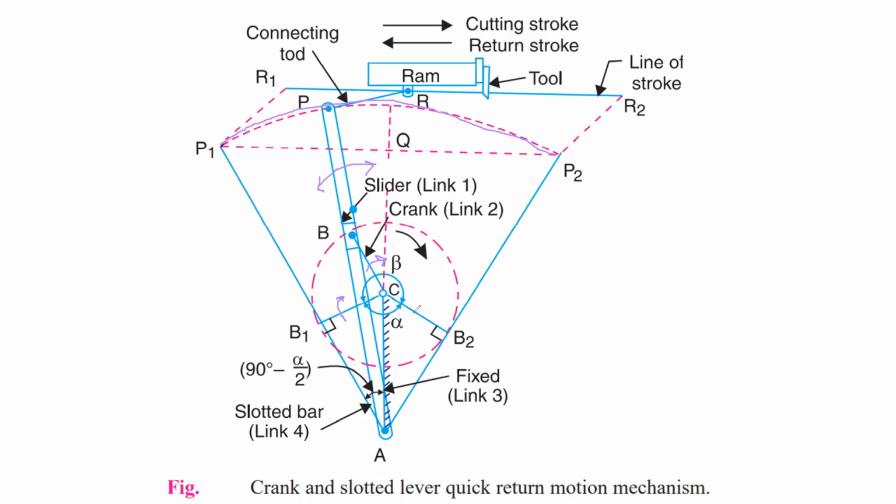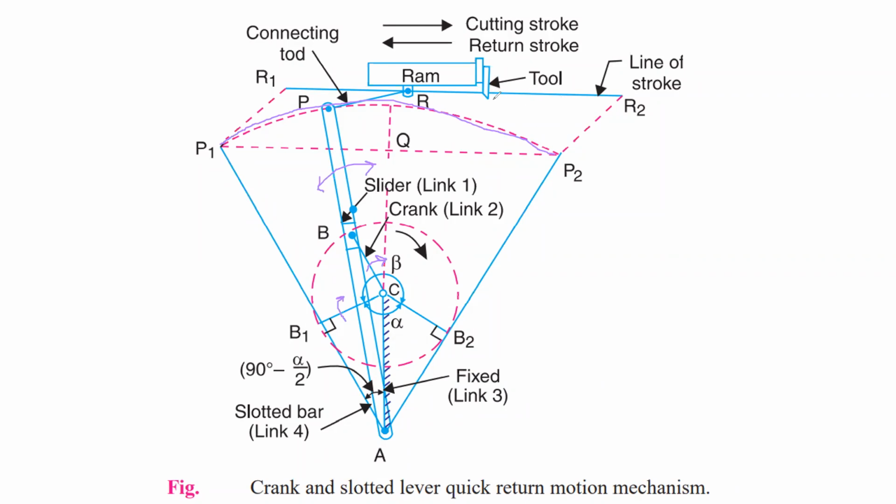You can see the angle because this crank is rotating with uniform speed. Your forward stroke has the larger angle beta and the return stroke has the smaller angle alpha. That's why it is called a quick return motion mechanism. Quickly your lever will come back to its original position, and it should happen, because during cutting you should control the speed of the tool. The tool should move slowly because there is material resistance.